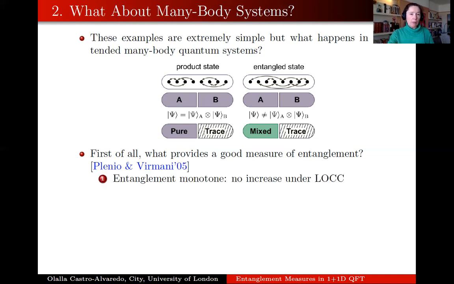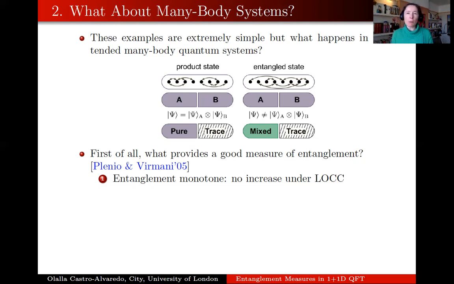Roughly speaking, however, if you want to find a measure of entanglement, it has to have some general desirable features. The first one, and this comes very much from the area of quantum information, is that entanglement should be a monotone, a monotonic function that doesn't increase under LOCC. LOCC in quantum information means local operations and classical communications.